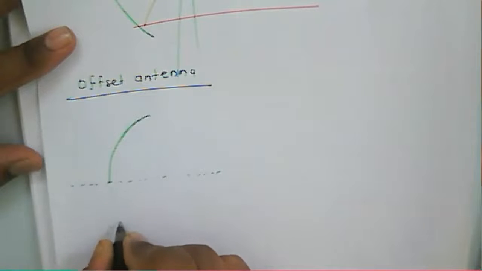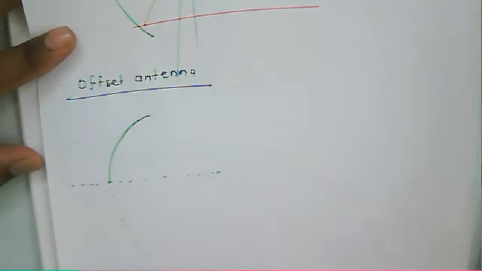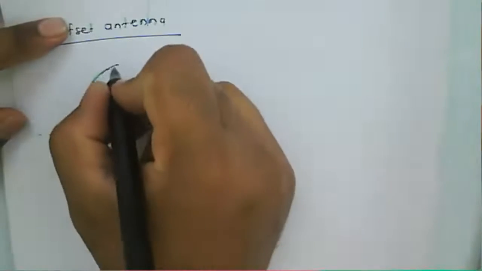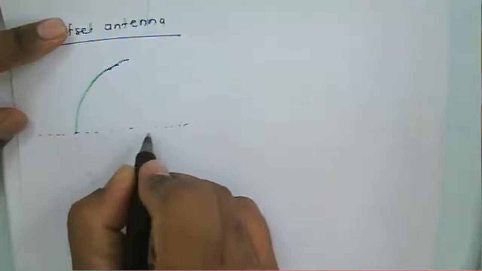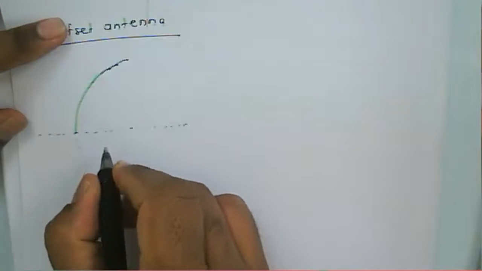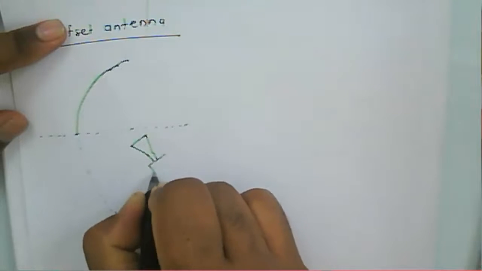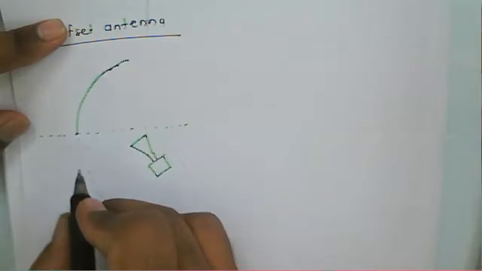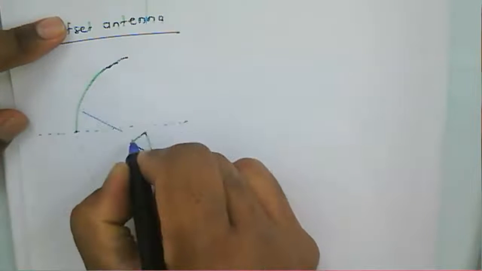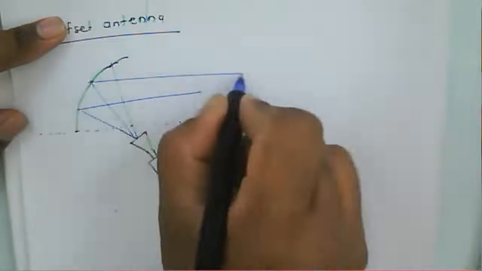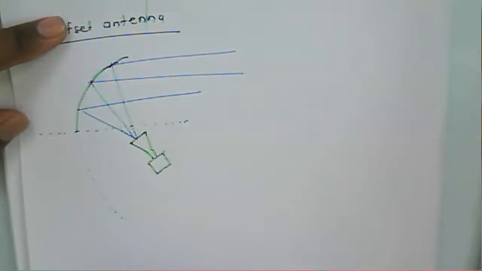You are supposed to consider that this is a parabolic reflector, and this is the main axis. Here we use a horn antenna. If it is used as a transmitter, the signal from it will be transmitted into space.